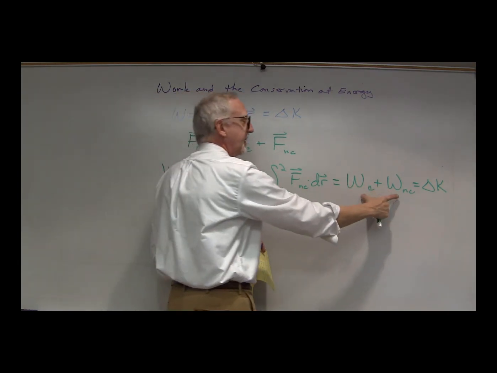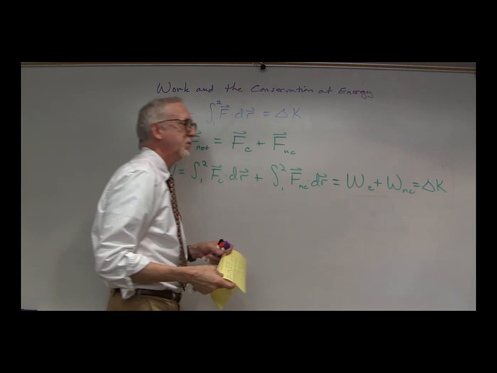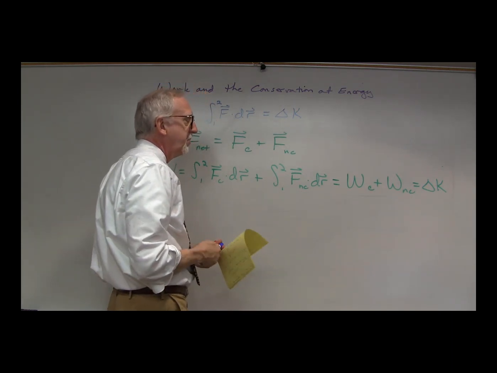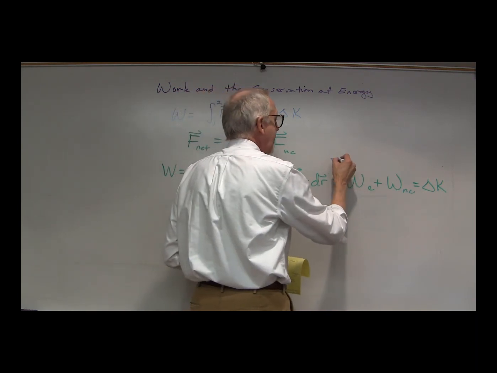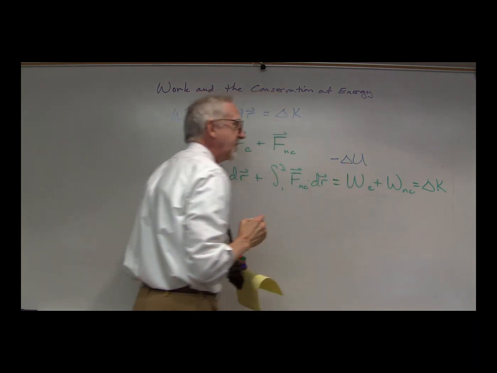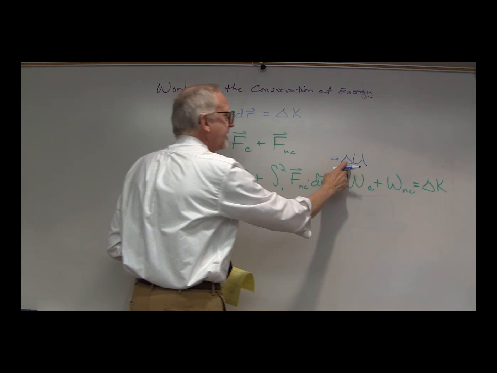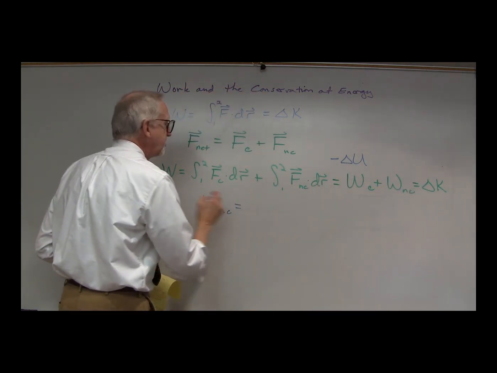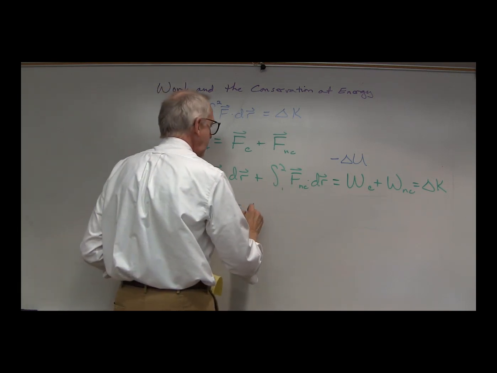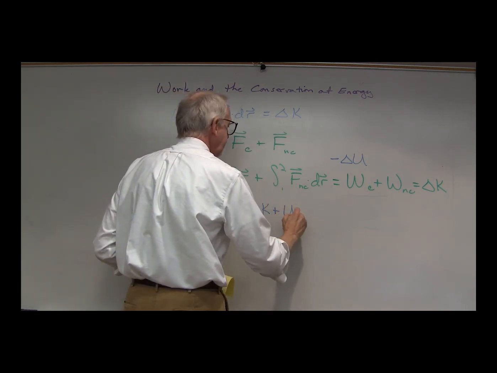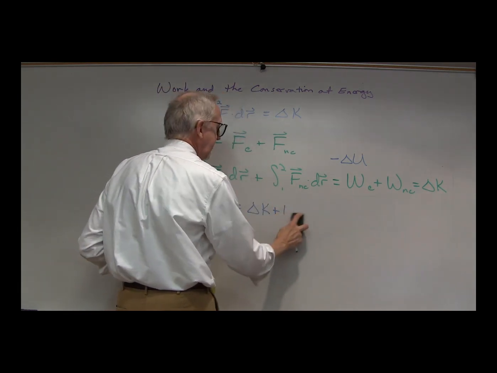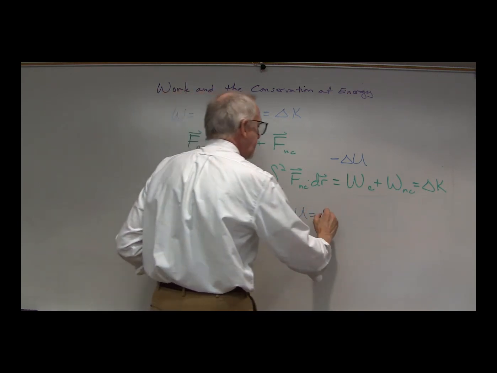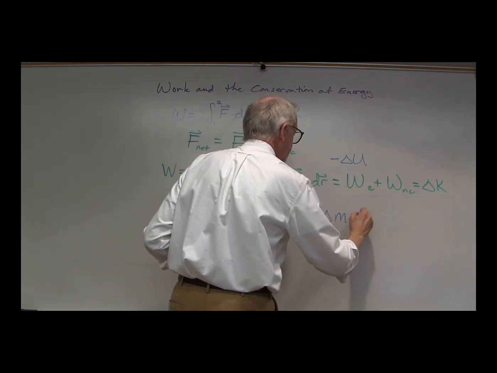And that sum is still going to be equal to the change in the kinetic energy. But the work done by the conservative forces, remember we can write that as the negative change in the potential. So let's bring this over to the other side, and what do we have? We have the work done by the non-conservative forces will equal the change in the kinetic energy plus the change in the potential energy, which is just the change in the mechanical energy.